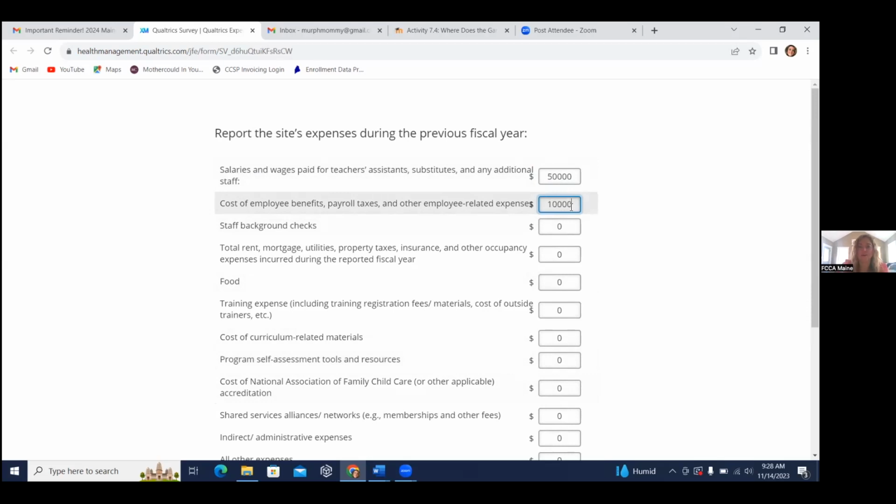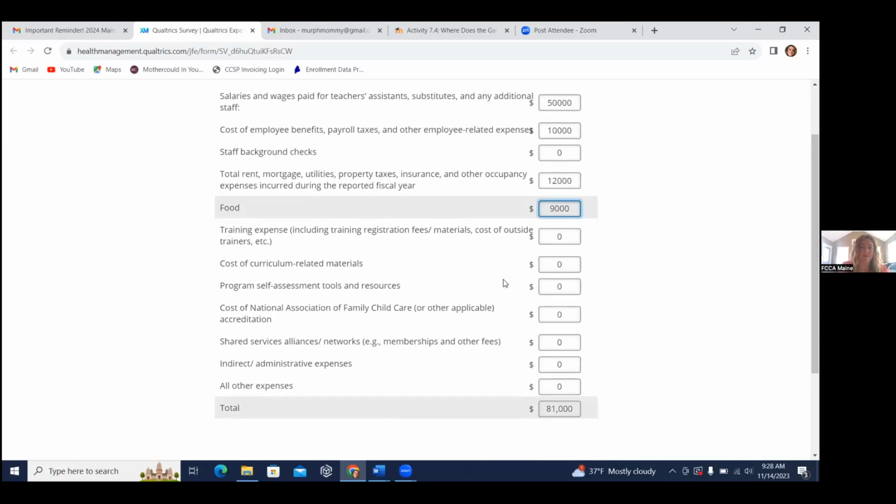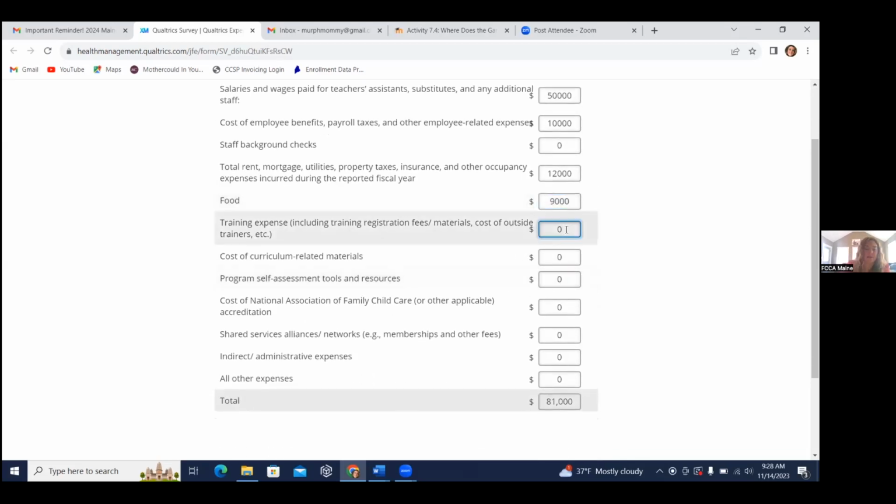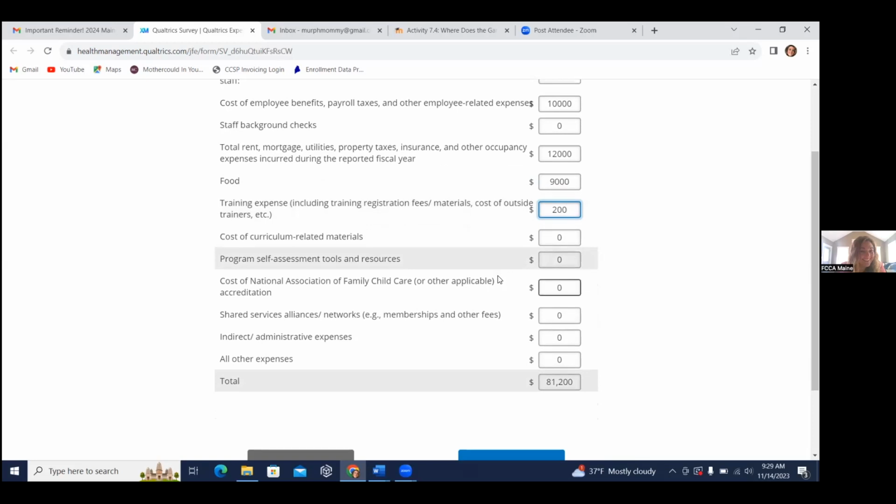Yes, this is just where you would fill out staff background checks, which are free for family childcare, through total rent. Just pretend our rent's low and it's $1,000 a month. Food, geez, I feel like that would be a high one. Let's just do 9,000. Training expenses. Let's say you go to the Maine AEYC conference, right? We'll say 100. Self-attest.